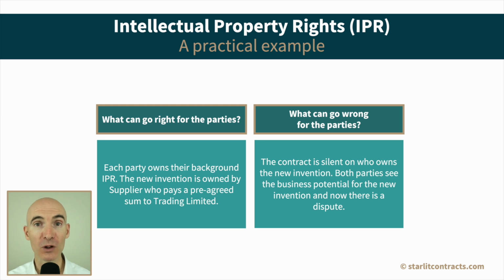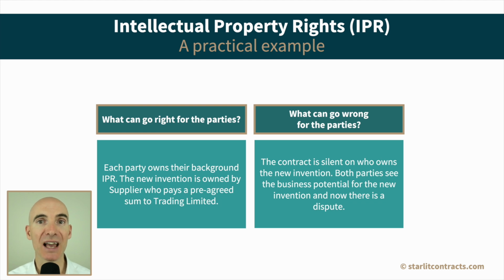What could go wrong for the parties in this situation? Well, if they hadn't come together prior to entering into the contract to agree how they would want to manage any newly created IPR, then when they entered into the contract, assuming the contract is silent on this point, then having created some new IPR and the parties seeing that there's some commercial value to it, it's much more likely that there's going to be a disagreement between the parties about who should own that IPR and who has the right to commercialize it.